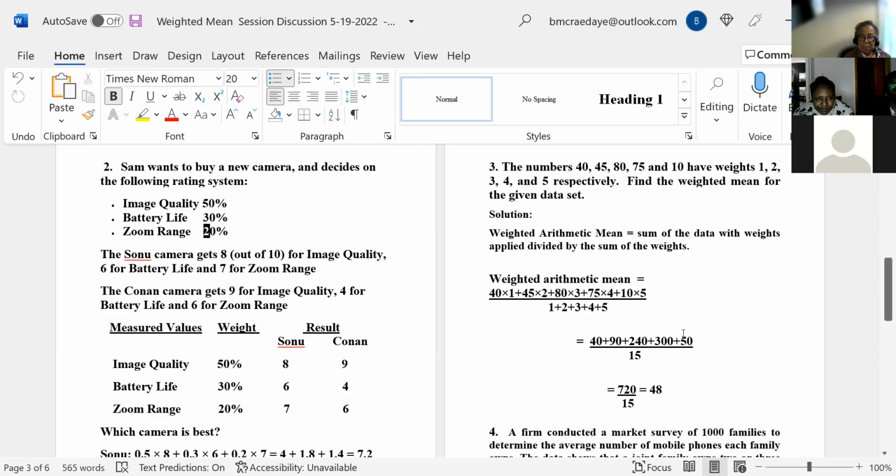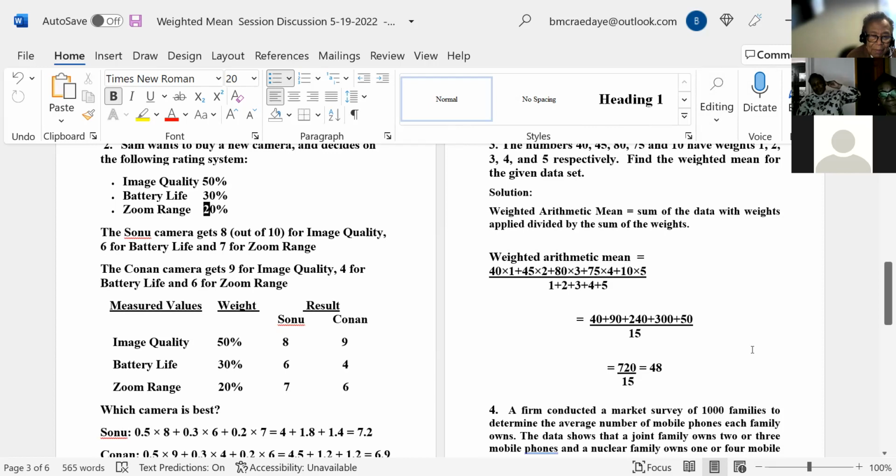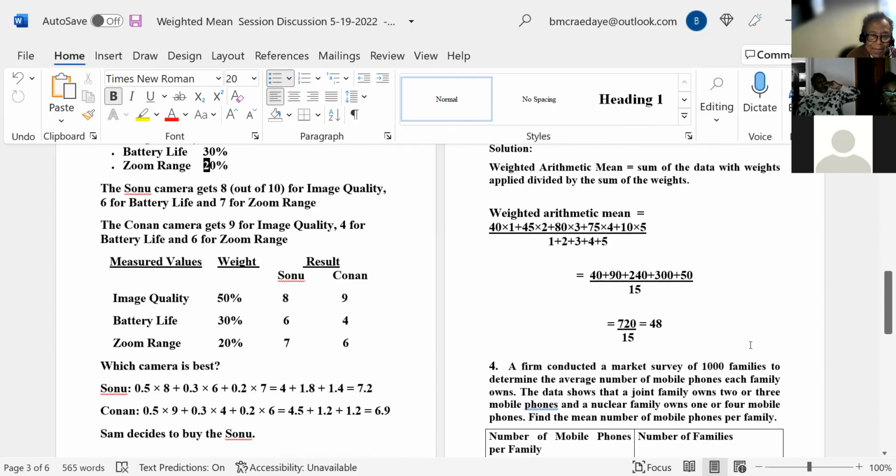They could just be given as numbers. See? 1 goes with the 40, 2 goes with the 45, 3 goes with the 80, 4 goes with the 75, and 5 goes with the 10. Questions? I got it, Miss. I understand that. You understand it now?